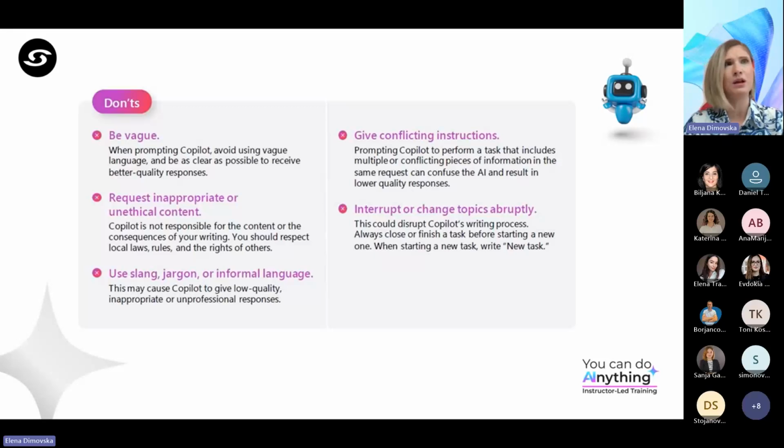That's something that is up to the ethic. But also with Microsoft Graph, we use Microsoft Graph also for limiting all those inappropriate and unethical content. That's how we can secure the model from giving us some inappropriate answers also.